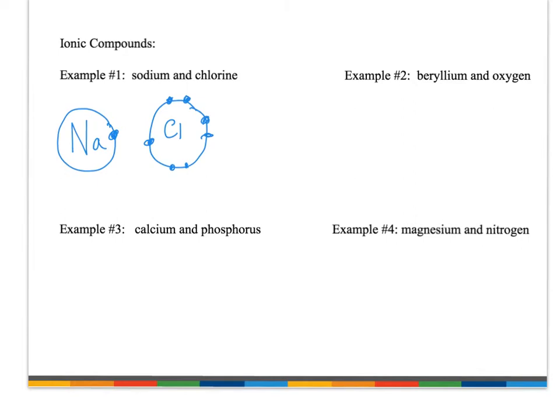like so. Now on the periodic table, sodium is a metal because it's on the left-hand side of the periodic table, and chlorine is considered a non-metal, and it's found on the right side of the table. Now looking at the electrons, which element would you say will give up its electron?